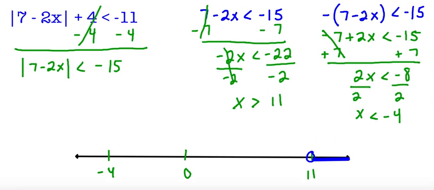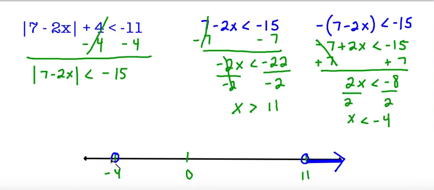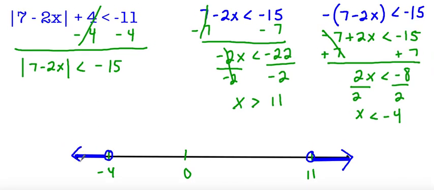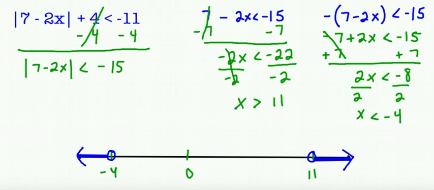And x is less than negative 4. So we're going to shade to the left. So for this inequality, we solved our inequality, we plotted it, and everything looks good, right?